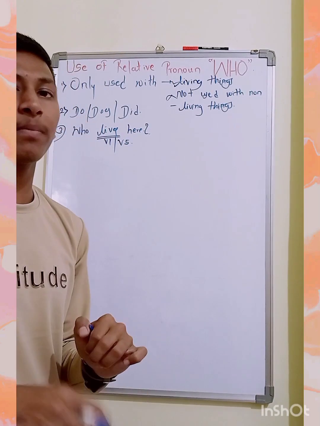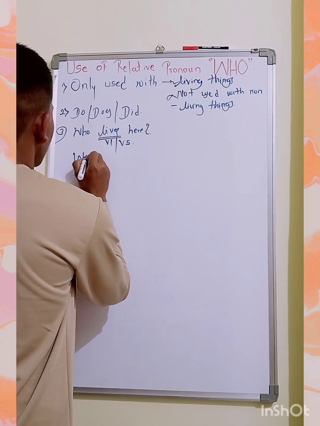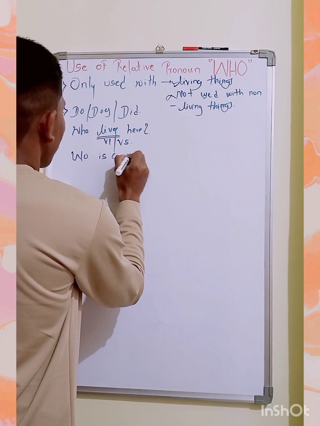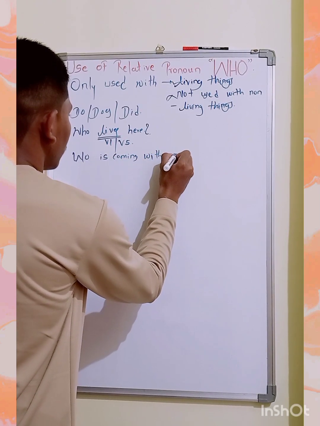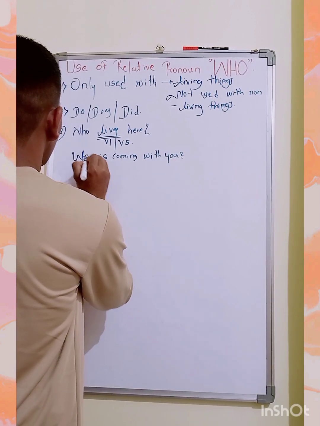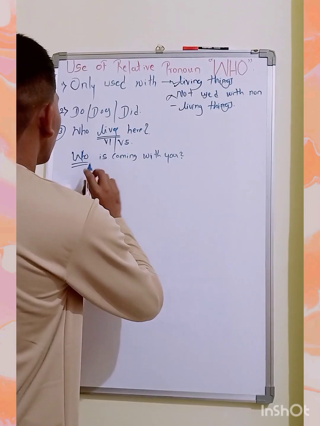V5 means verb plus ing. So, "Who is coming with you?" These are all the normal usages of the relative pronoun who.